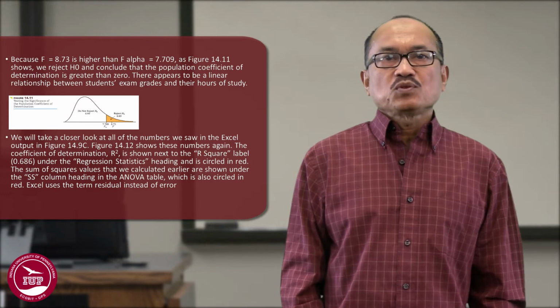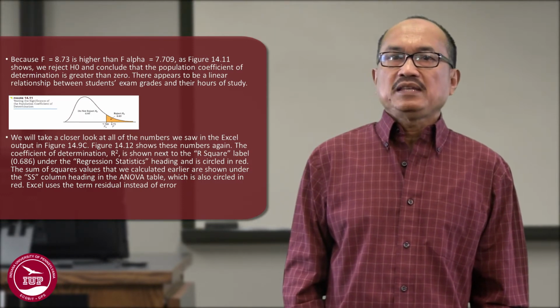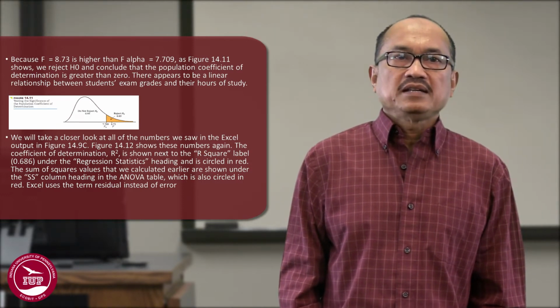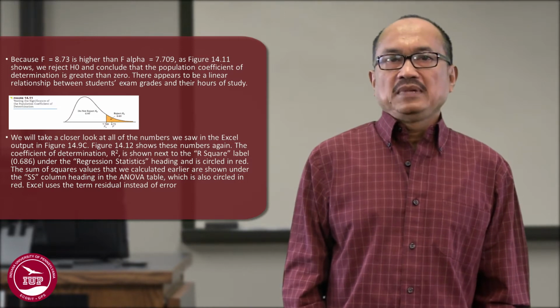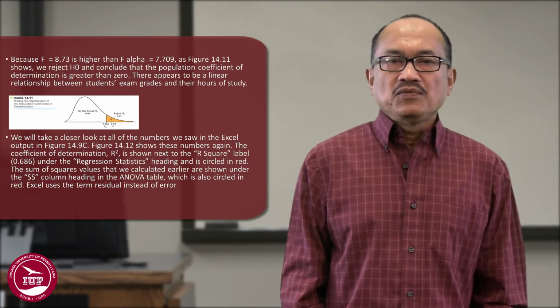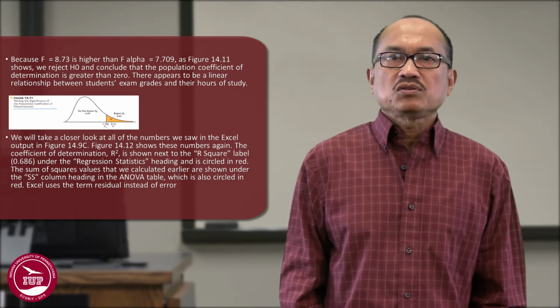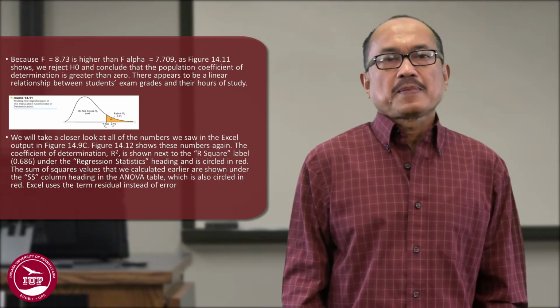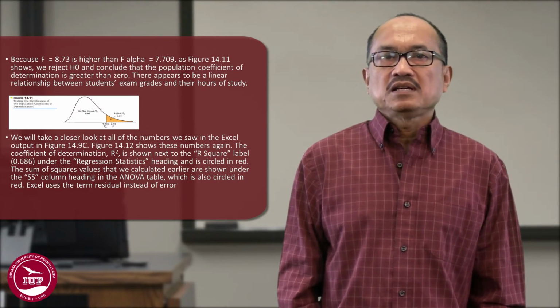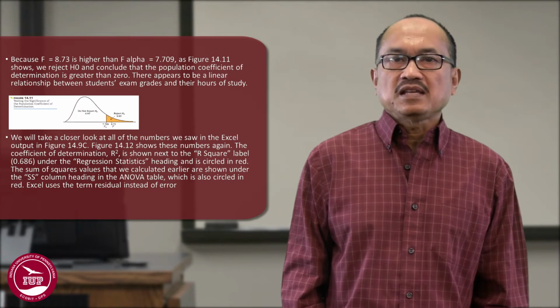The sum of squares values that we calculated earlier are shown under the SS column heading in the ANOVA table, which is also circled in red. Excel uses the term residual instead of error.